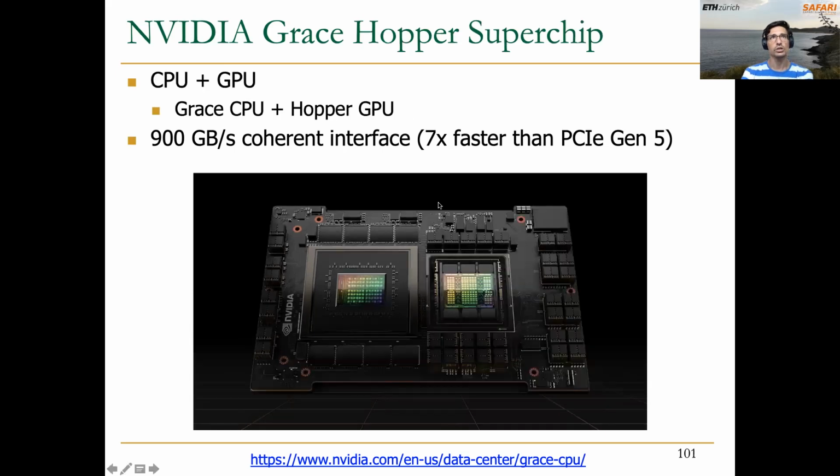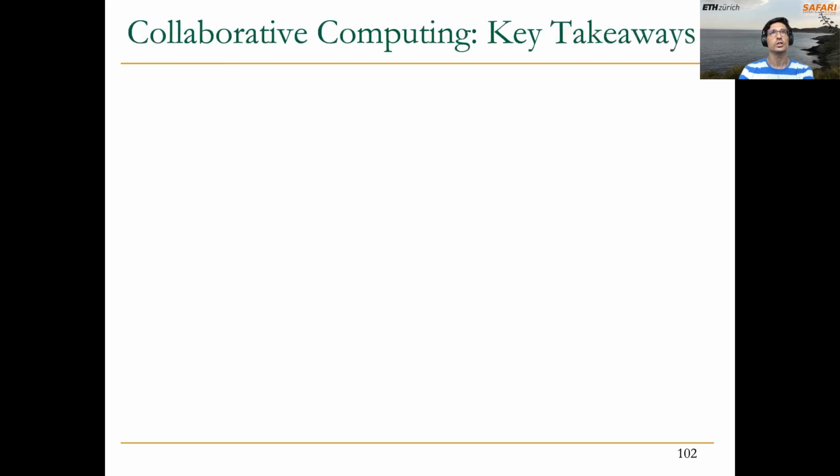And this is a picture of the Grace Hopper superchip with the Grace CPU and the Hopper GPU, and in between we have this 900 gigabyte per second coherent interface. For sure, it will be pretty interesting to evaluate collaborative execution patterns on this architecture.